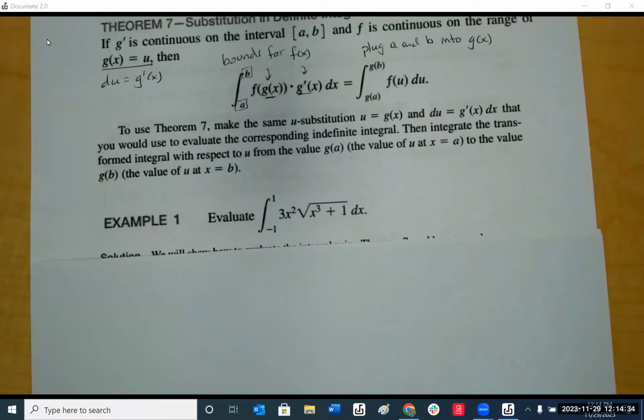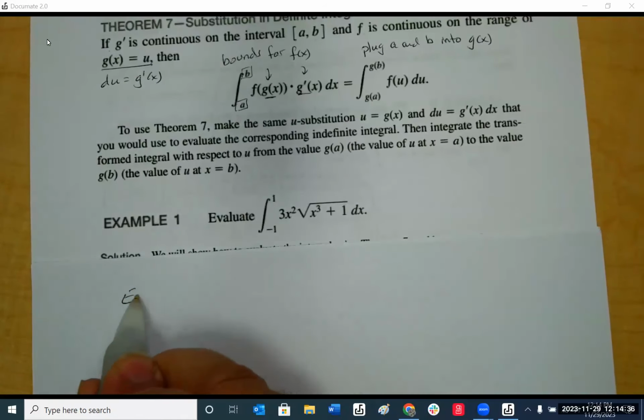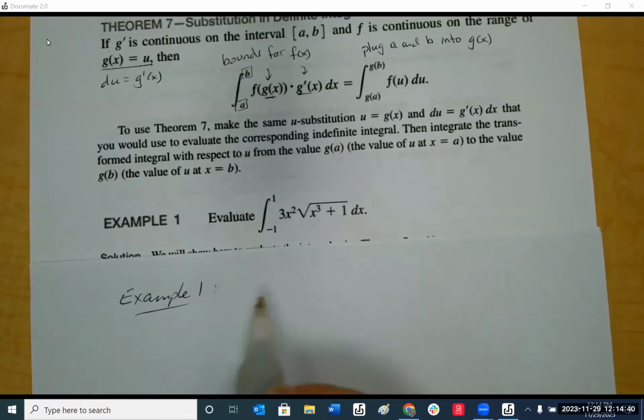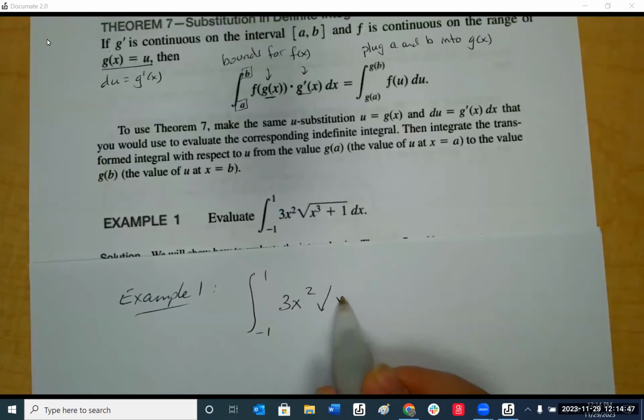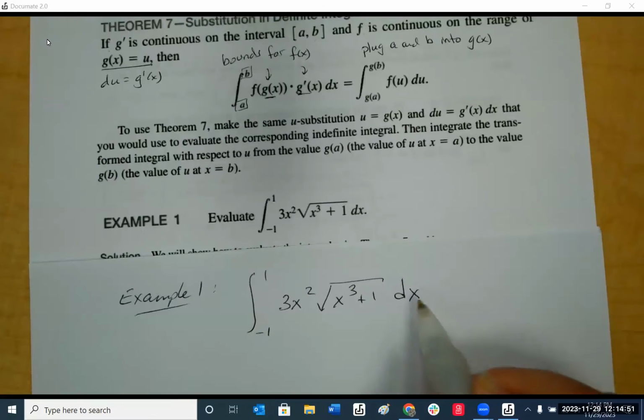All right, so let's look at example 1. We're going from -1 to 1 of 3x squared times the square root of x cubed plus 1, dx.